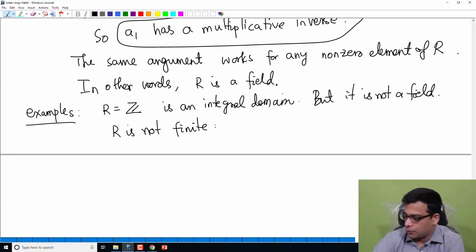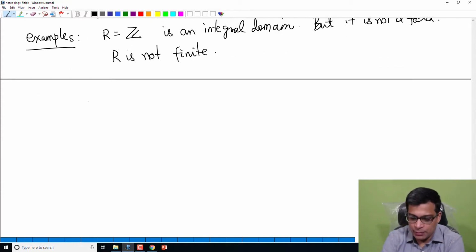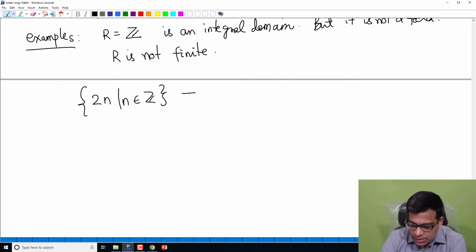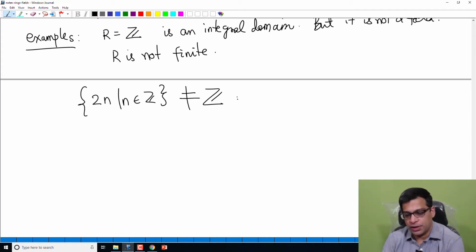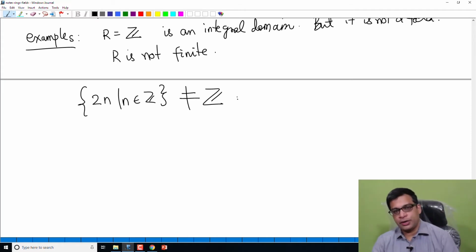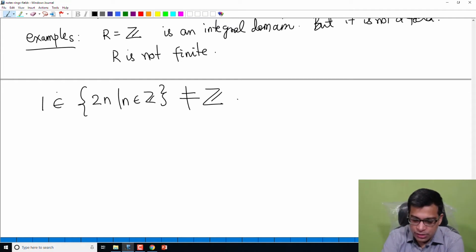So the previous argument won't work here, because for example, if you multiply every element of integers by 2, you get 2n, where n is in Z. This is not equal to Z. When you multiply all elements by 2, you get also an infinite set using the previous problem's argument, but it's not equal to Z. So 1 is not in this.